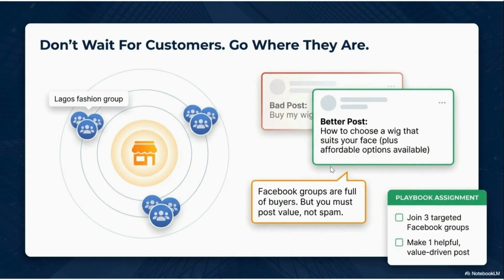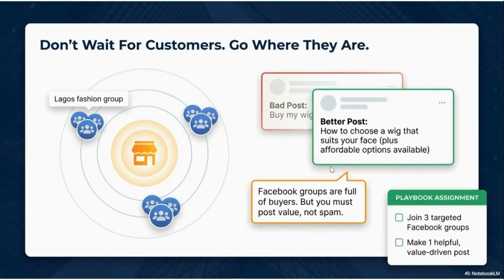Now, the next thing we would like to treat is platforms you can be found on. Number one, Facebook groups. Go to Facebook groups that are selling similar things you're selling. If you are selling fashion wares, go to Facebook groups where they sell fashion or discuss fashion lifestyle.